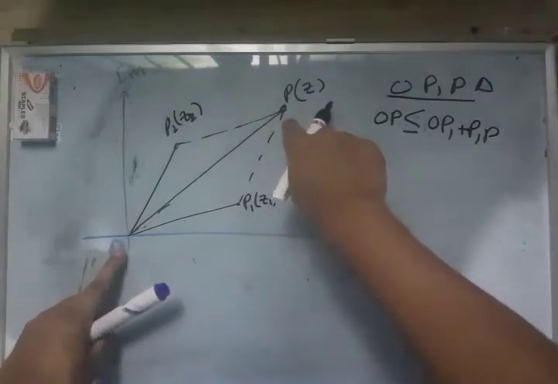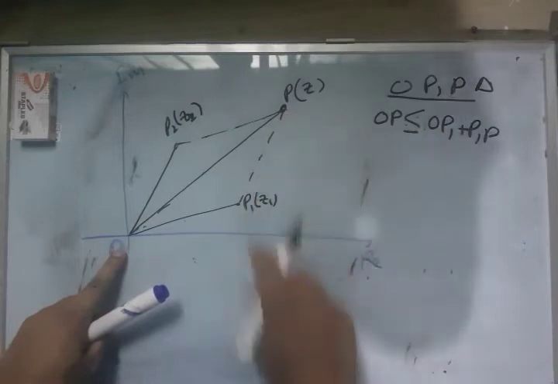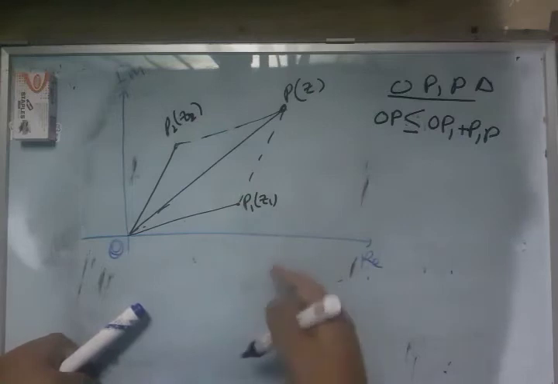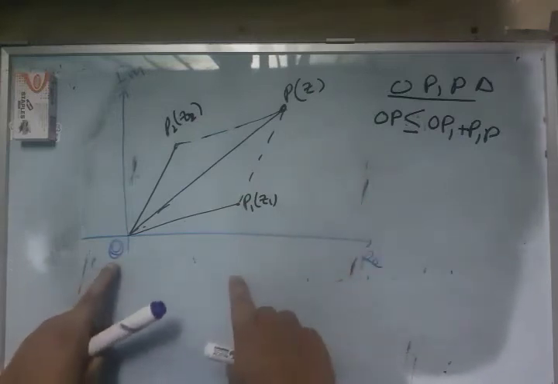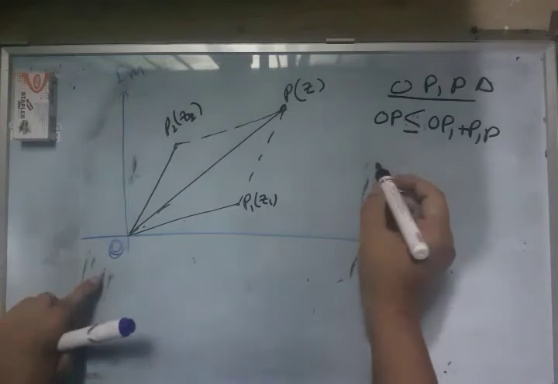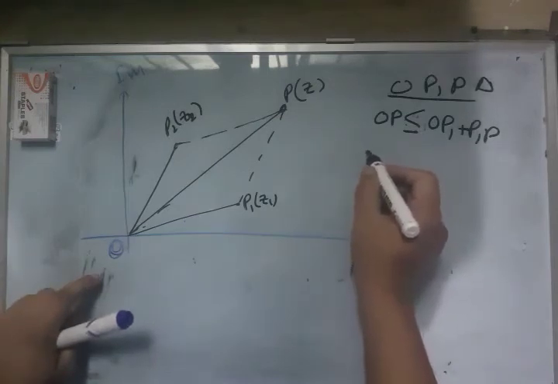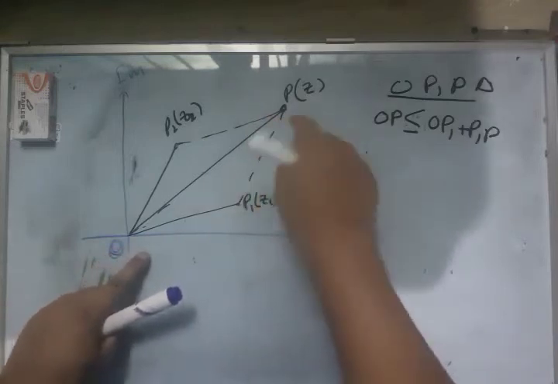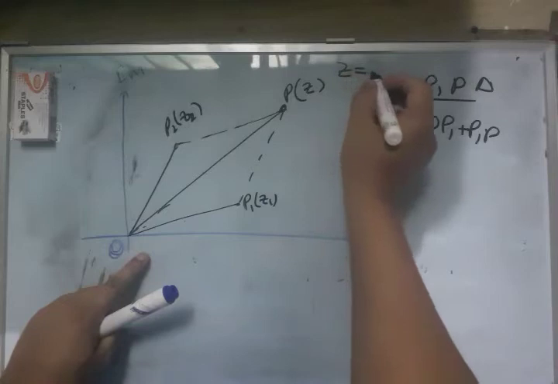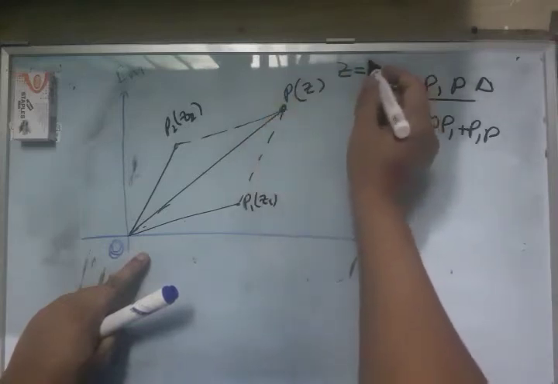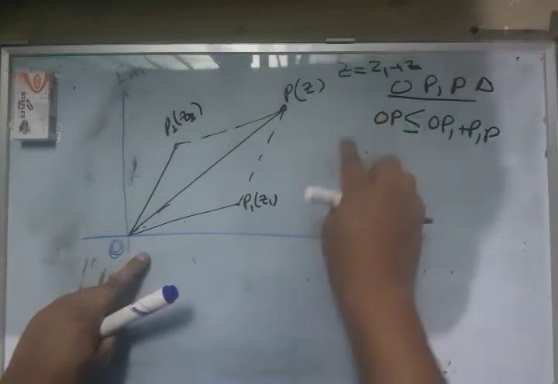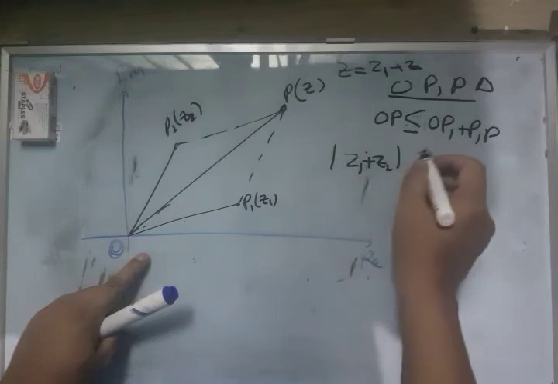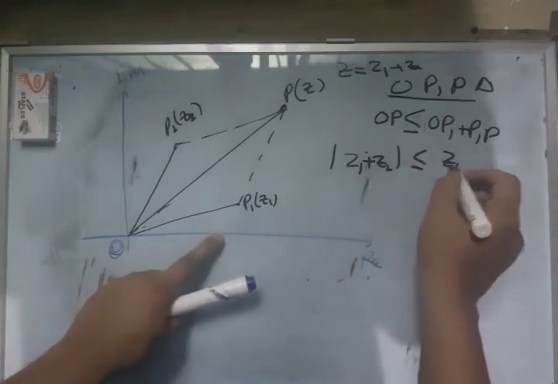What does a length in a complex plane mean? Length in a complex plane means the modulus of that complex number, if you are taking it with reference to O. So OP is the modulus of z, and z is obtained as z1 plus z2. So the modulus of z1 plus z2 should be less than or equal to OP1, which is the modulus of z1, plus P1P.